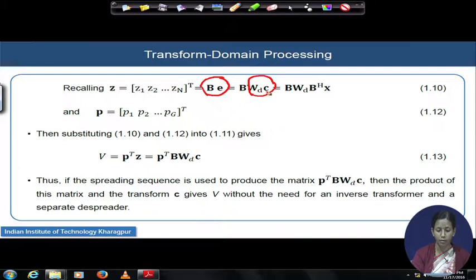And if I further replace C by B Hermitian X, the expression for Z is finally governed by B W D B Hermitian into X.